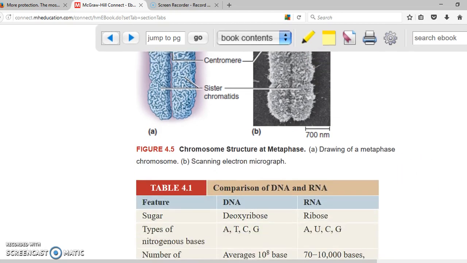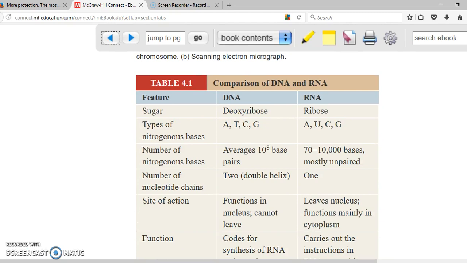let's keep scrolling down. Right here they are showing a comparison between DNA and RNA. Main difference: sugar. DNA has deoxyribose, RNA has ribose. That's why in RNA the R represents ribose nucleic acid, and in DNA the D represents deoxyribose nucleic acid.